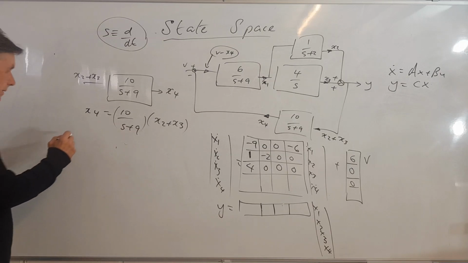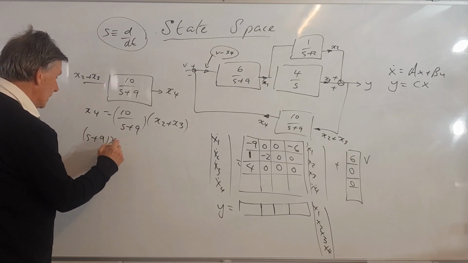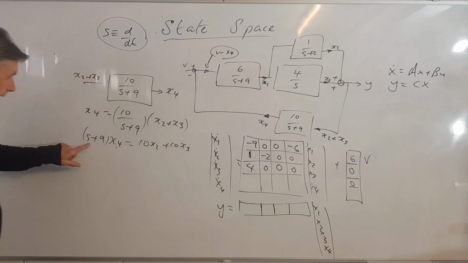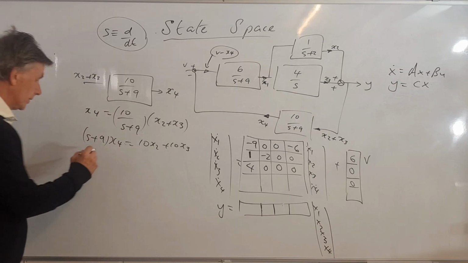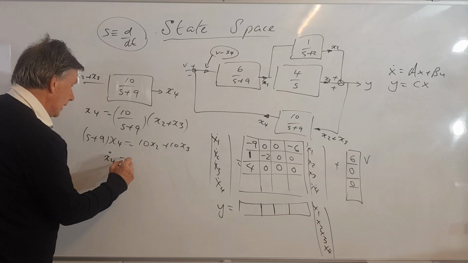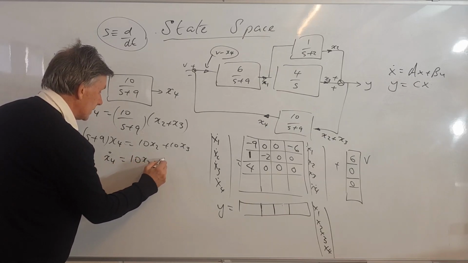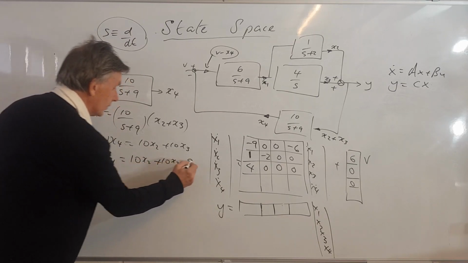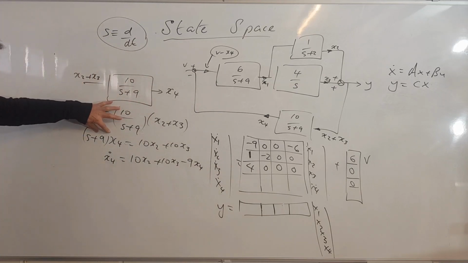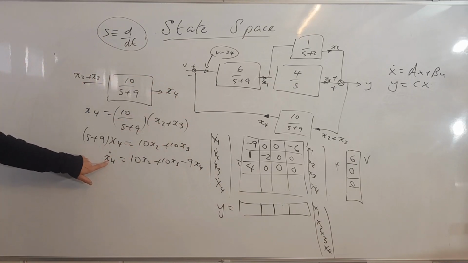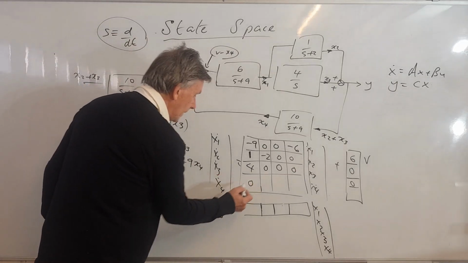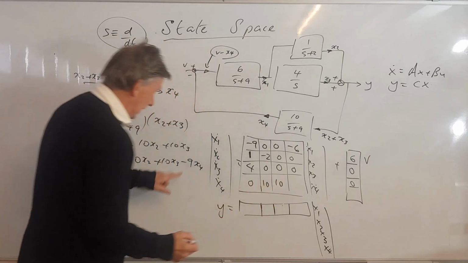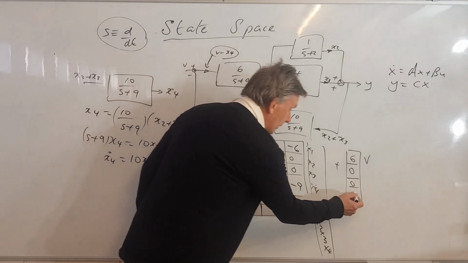Then move the s plus 9 up, so you get s plus 9 times x4 is 10x2 plus 10x3. But s times x4 is x4 dot. So x4 dot is equal to 10x2 plus 10x3 minus 9x4, because the plus 9 on this side becomes minus 9 on that side. So that gives us our last little equation now. There's no x1s this time. We've got 10x2s, we've got 10x3s, and minus 9x4s, and no u's.